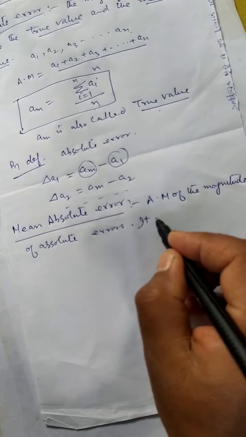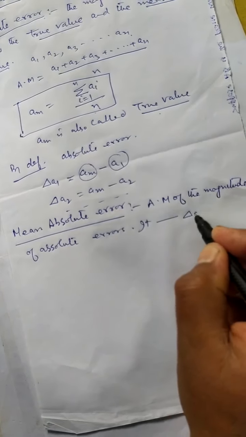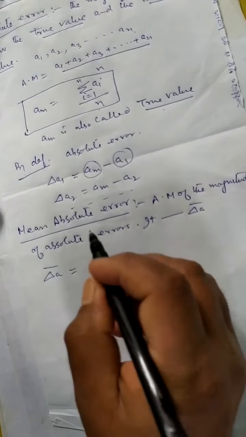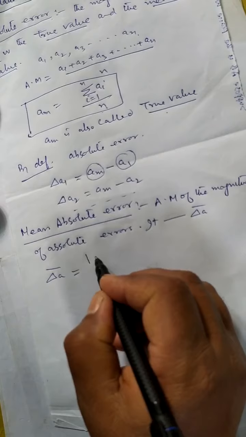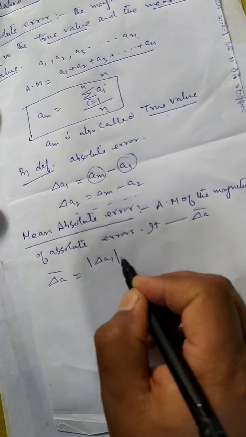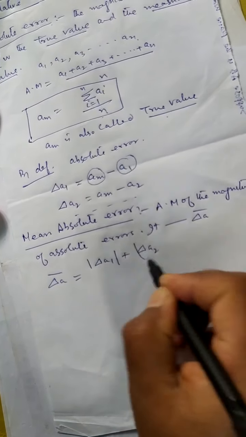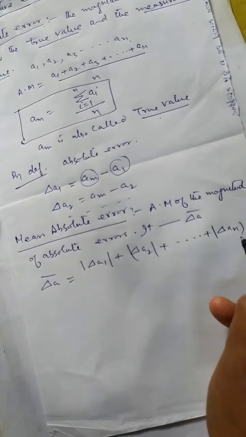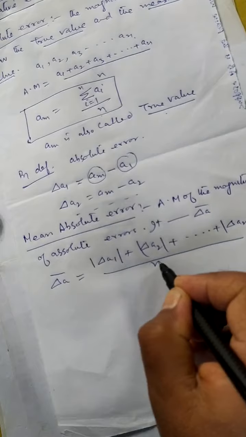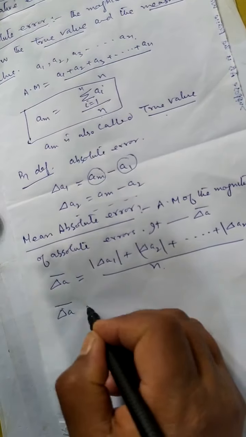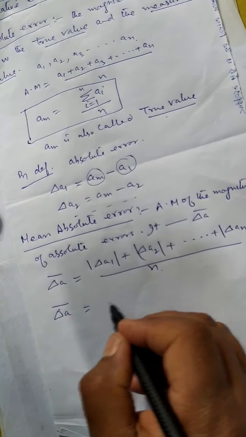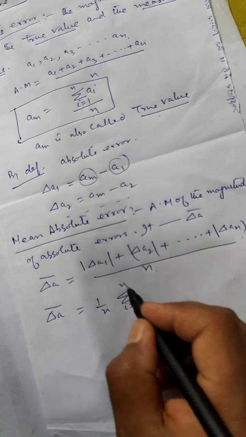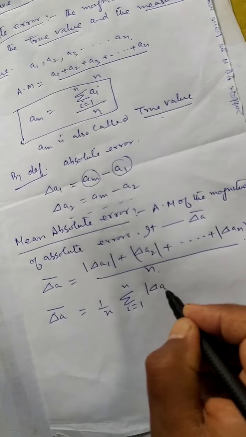It is denoted by delta A bar, and delta A bar is equal to mod of delta A1 plus mod of delta A2 plus so on plus mod of delta An, divided by n. And delta A bar is equal to 1 by n summation i is equal to 1 to n mod of delta Ai.